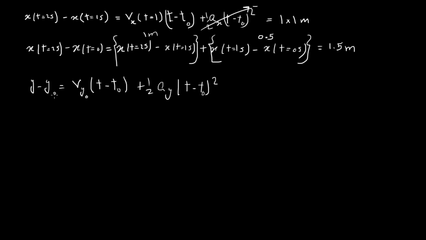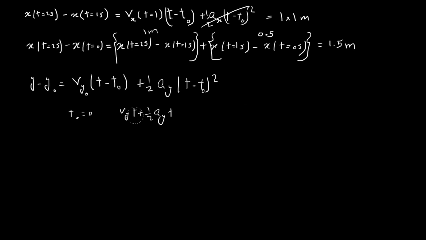So remember, usually this naught refers to t naught equal to 0. That's usually the convention. That's why we usually write vy t plus half ay t square, because t naught is usually 0. But in this particular example, t naught could not be taken 0 in the second part.